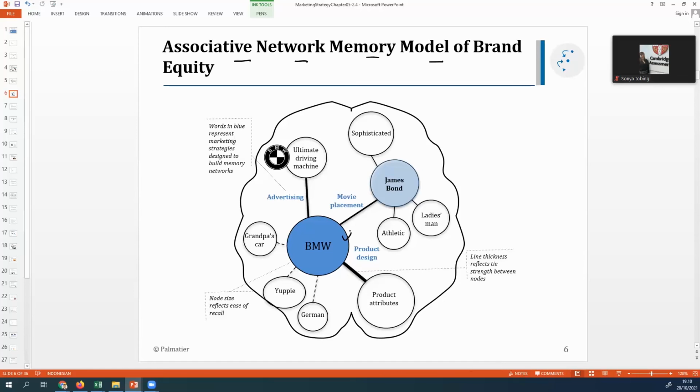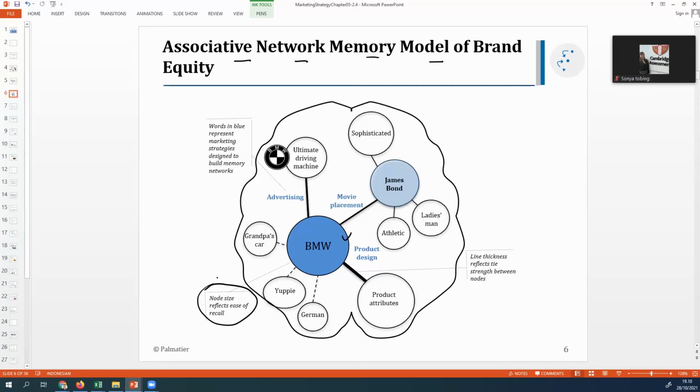In the associative network memory model, there is a node size that reflects the ease of recall. So for BMW, there is a node of BMW.